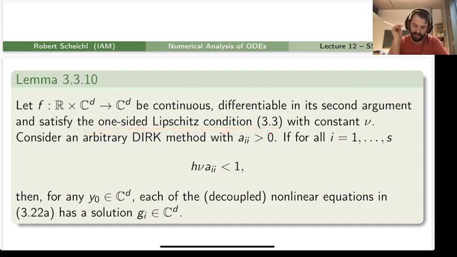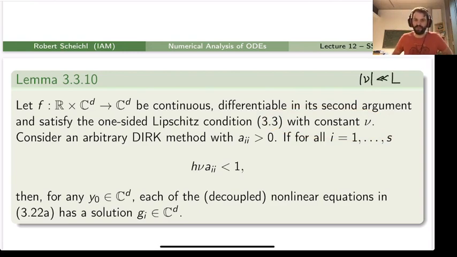So let's now consider f again to be continuously differentiable as a function on R cross C^d, and to satisfy a one-sided Lipschitz condition on the second argument with constant nu. And remember, for stiff ODEs, we have that nu is much, much less than L in modulus.